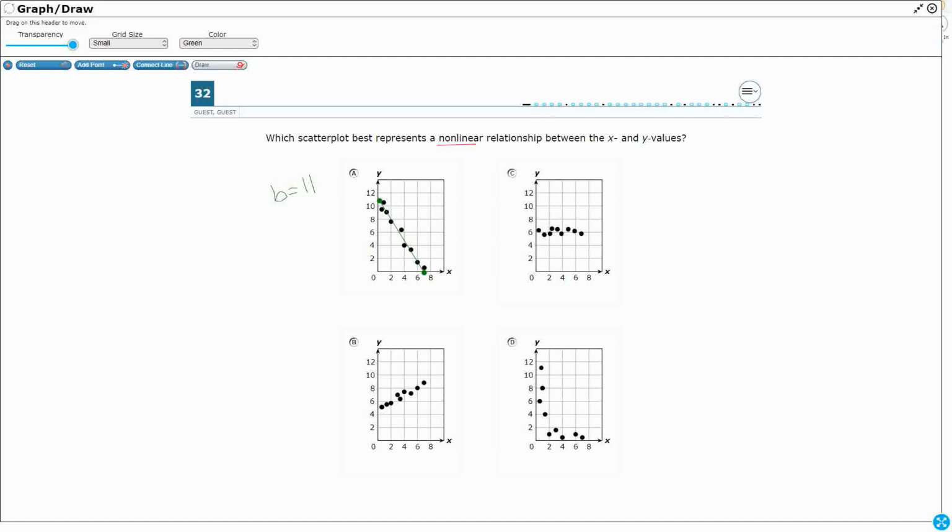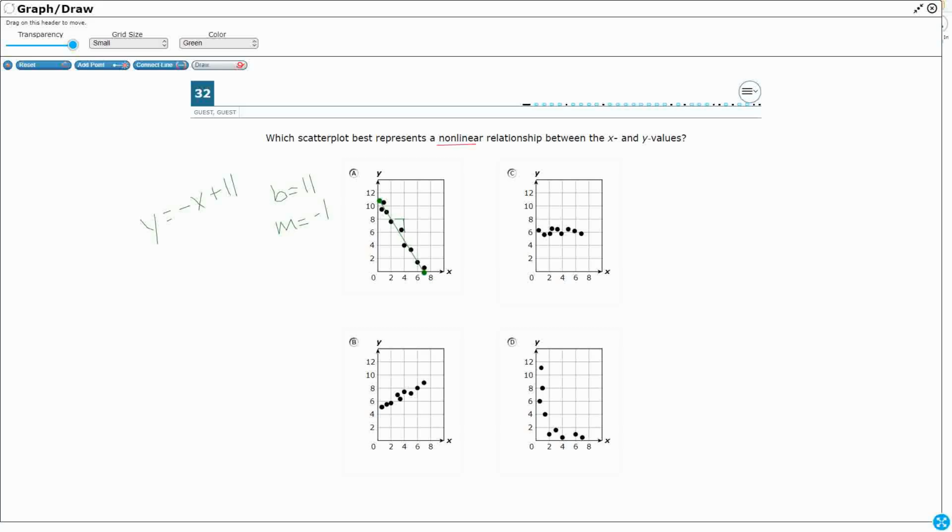The slope looks like it goes over 2, down 2, so it looks like it's -1. So we could say this is approximately y equals negative x plus 11. That looks like a linear relationship to me on A.